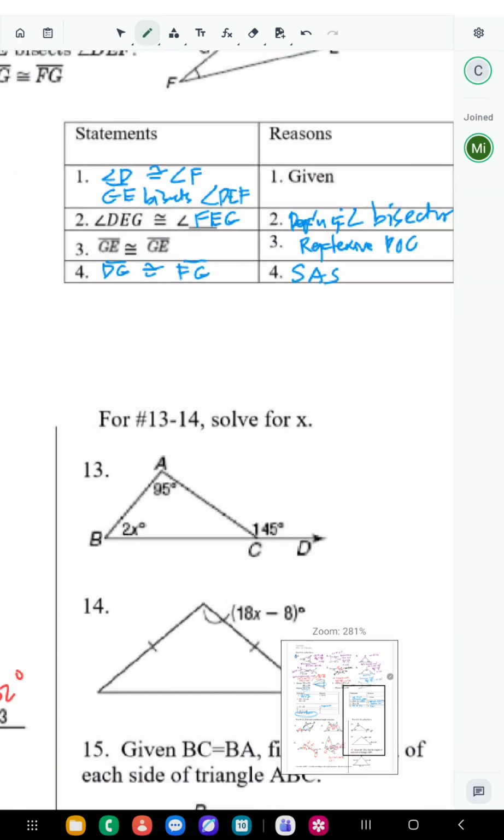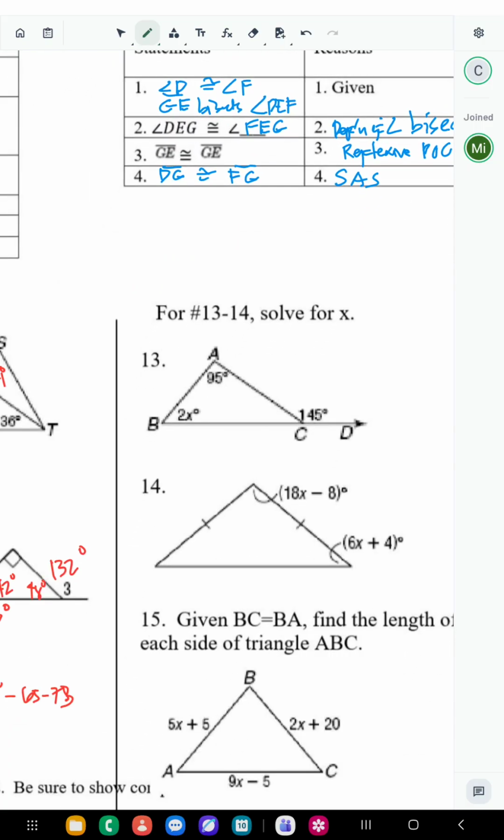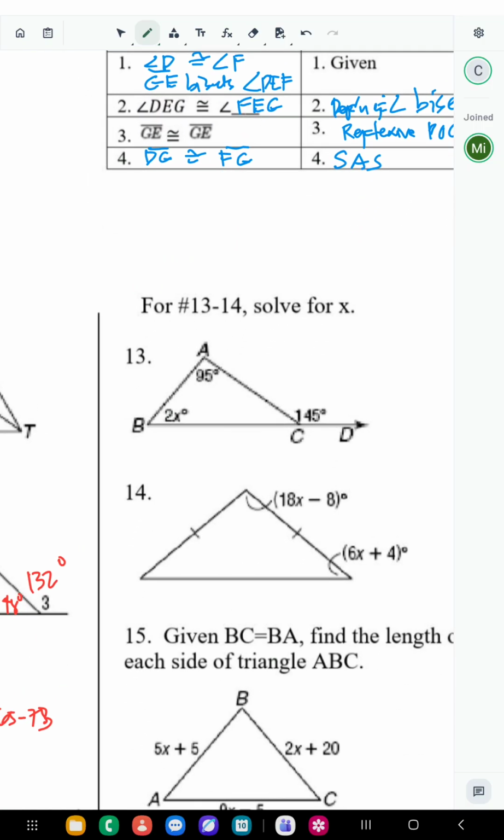Okay, number 15. Solve for x. No, 13. Solve for x. X here. Okay. 180 minus 145. So that means this is 35. So solve for x, that is 2x plus 95 plus 35 equals 180.